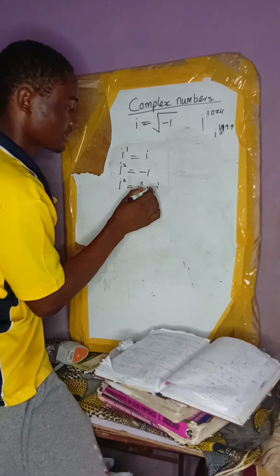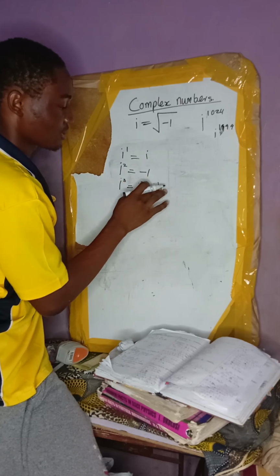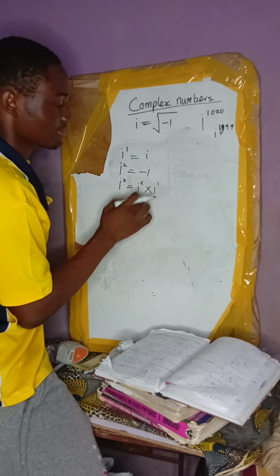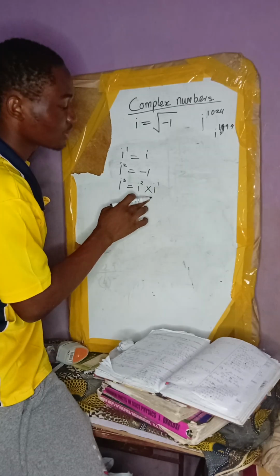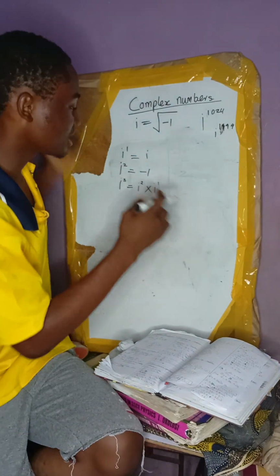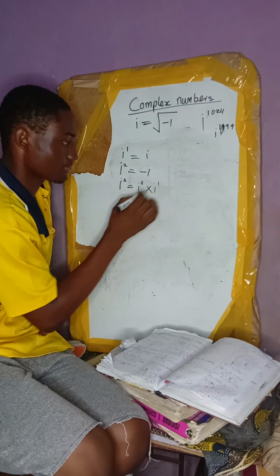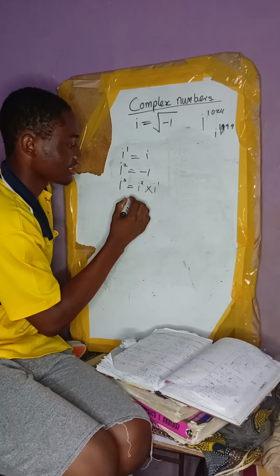So this is 2 plus 1, that's automatically i cubed. That is if it's multiplication, you cannot do it for addition and subtraction. That is for log rules, not indices. So we have already split it like this now.